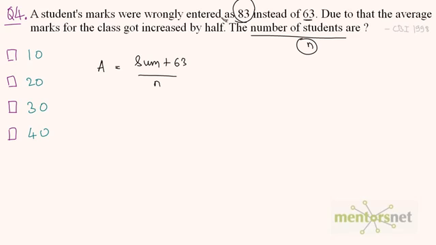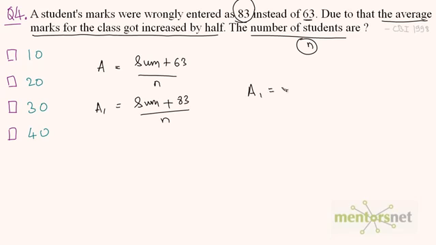And when the student's marks are wrongly entered as 83, we have been given the relation between the two averages. So let's say that the new average is A1, which is equal to the sum of the rest of the students' marks plus 83 divided by the number of students, which is the same. It is given that the average marks for the class got increased by half. So we can write A1 is equal to the original average plus half.